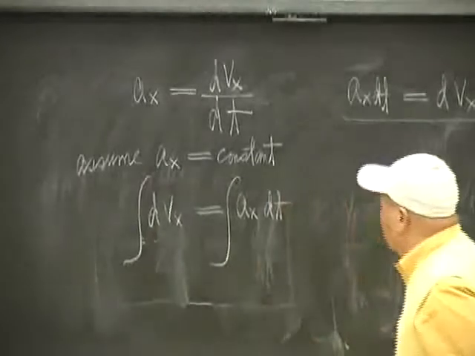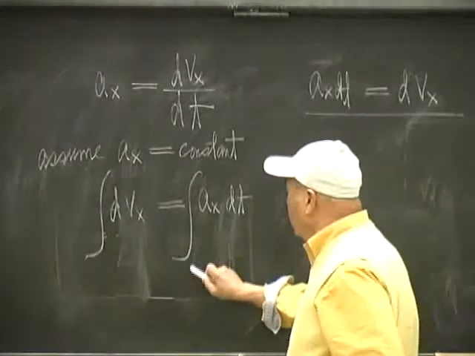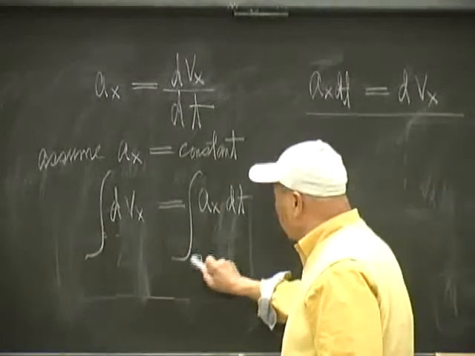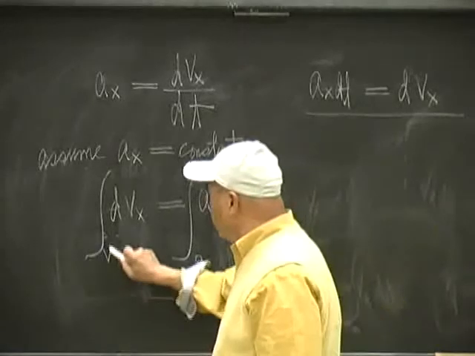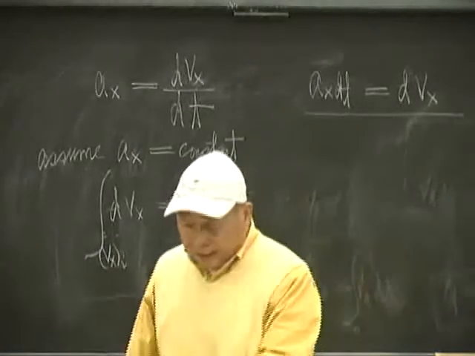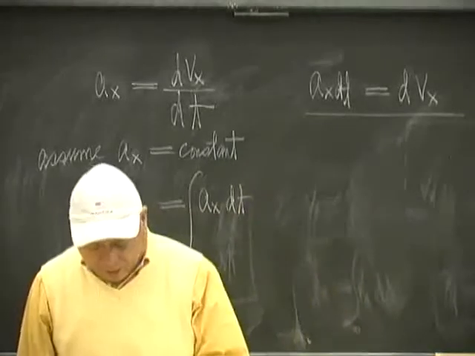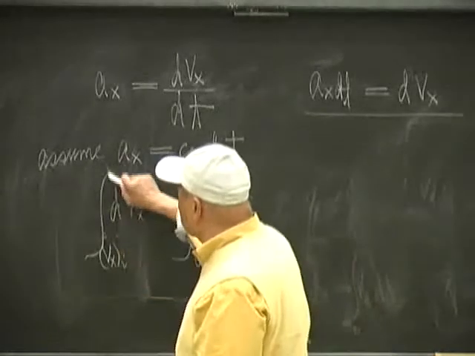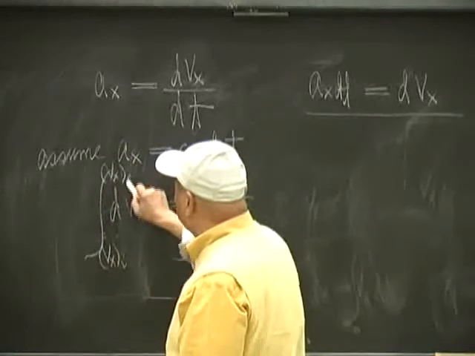So in these cases, you assume t equals 0 at the time v sub x is initial. And then the other one is v sub x, the final one.